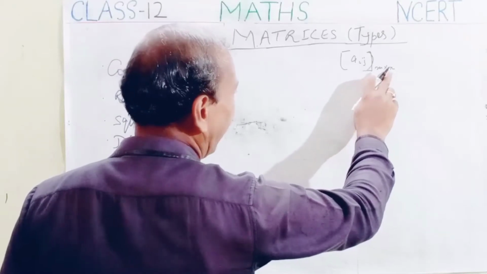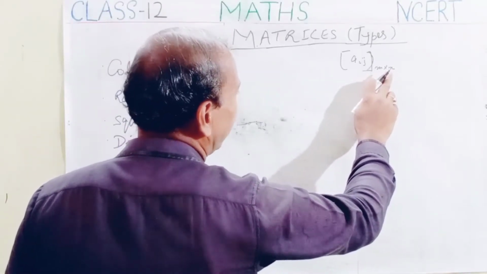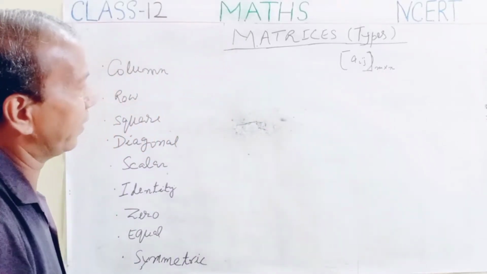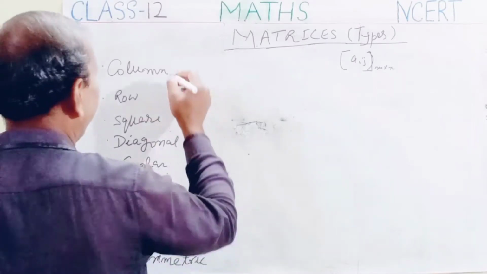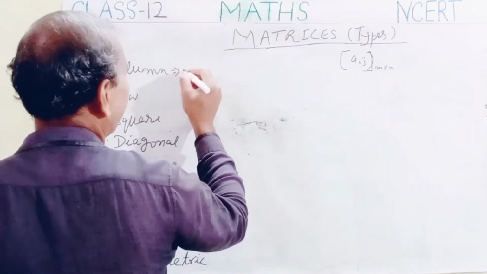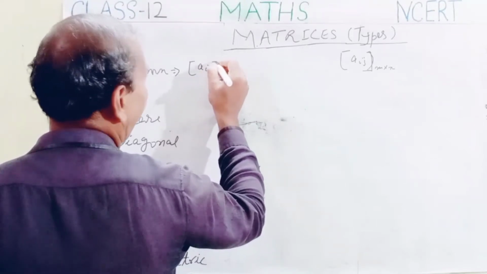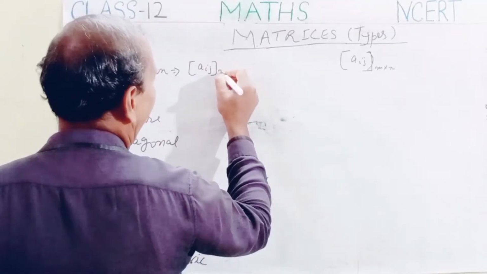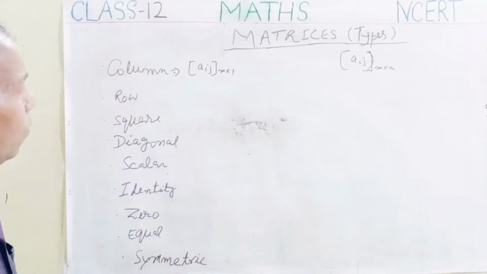If this N is equal to 1, then it is your column matrix. So I can say that in this case, this Aij, and here it is M cross 1. Means this column is 1. One column is there, while M rows are there.